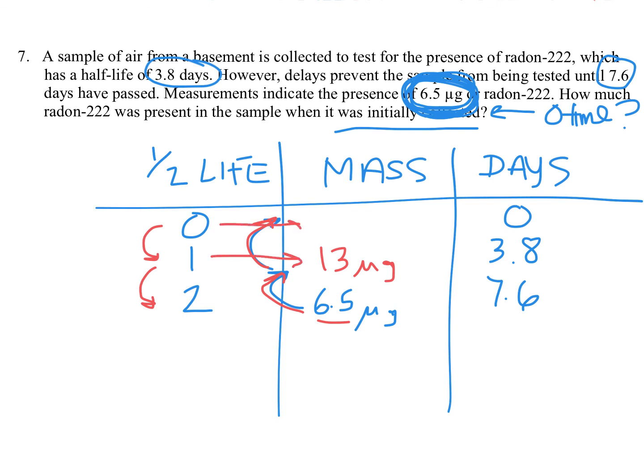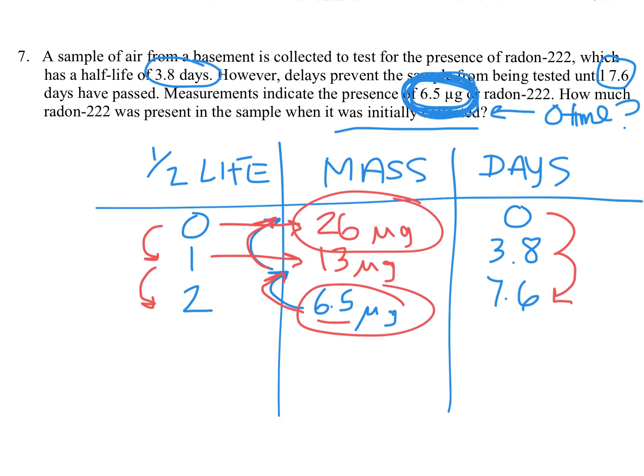Now we want to know how much we originally started with. So 13 doubled times 2 is 26 micrograms. So at day 0 or time 0, it was 26 micrograms. And then after 7.6 days, only 6.5 micrograms remained. And that's because of half-life. Things naturally decay and break down.